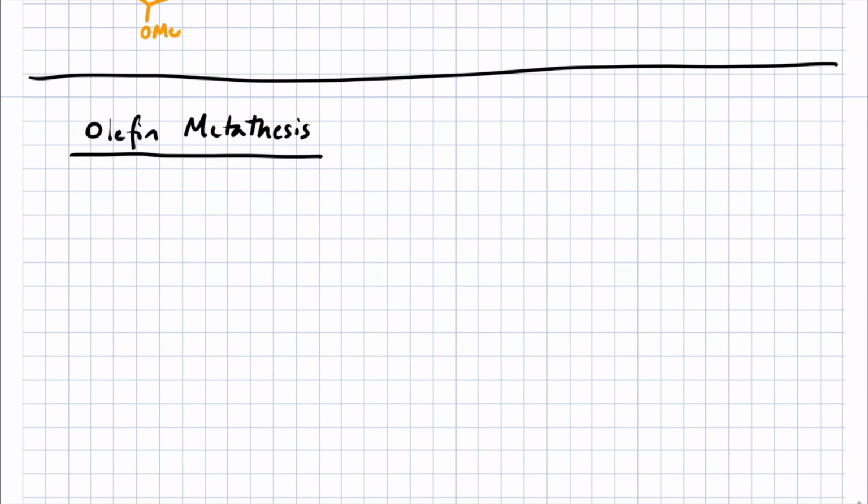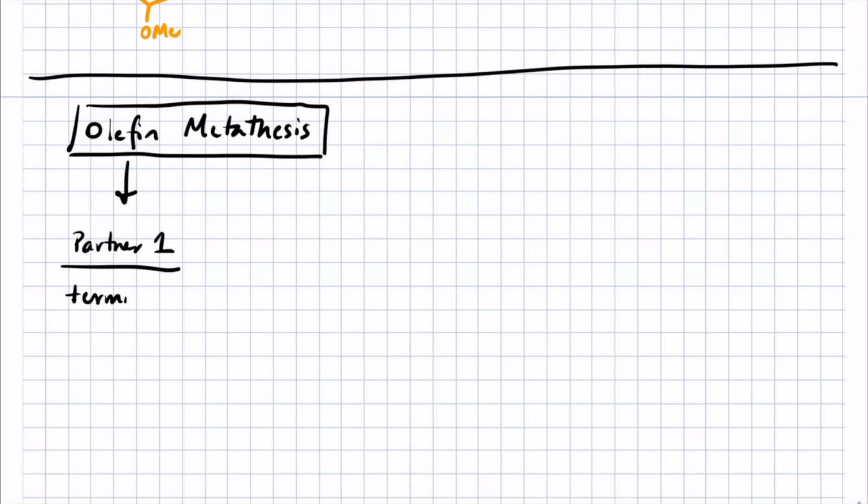So in the most popular version of Olefin Metathesis, partner 1 is some kind of terminal olefin. By that we mean something like that.